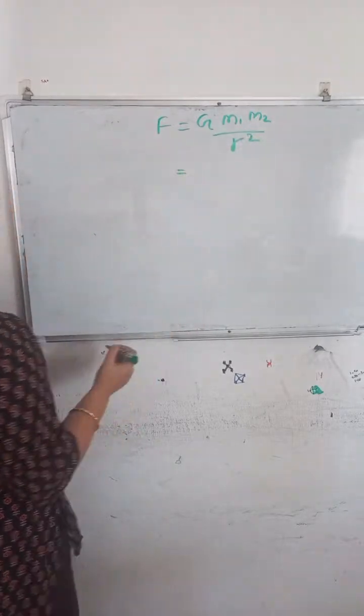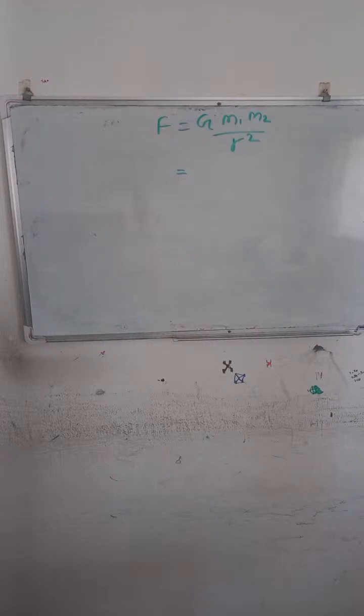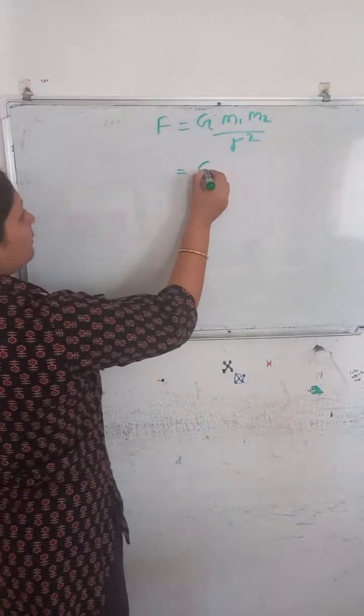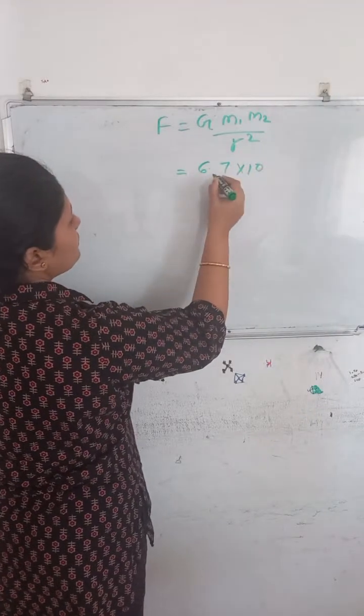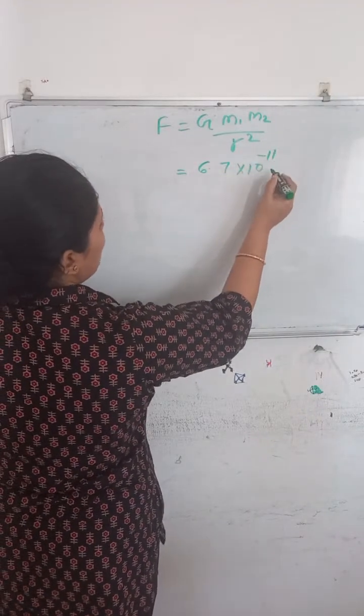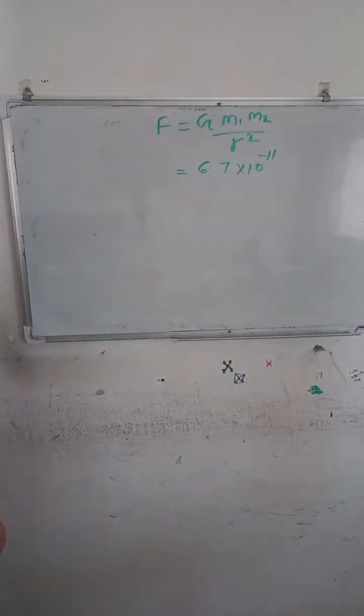Here m1 and m2 are sun and earth respectively. The value of the gravitational constant is 6.7 into 10 raised to minus 11 Newton meter square per kg square.